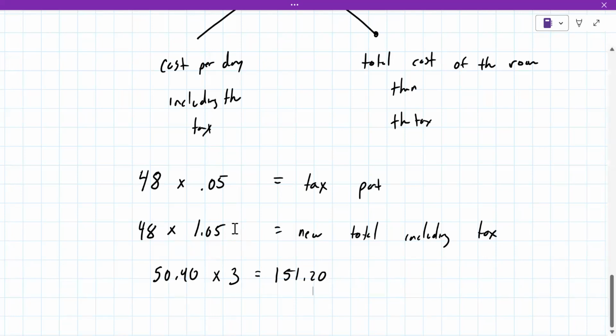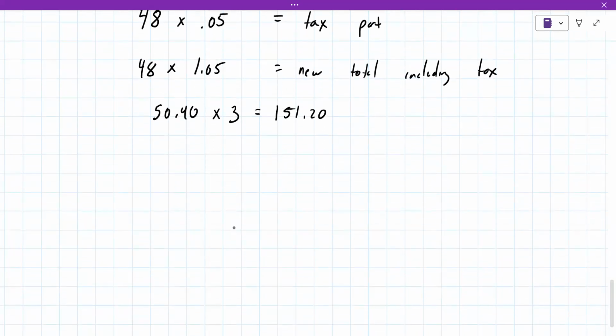Now the second approach is to say, okay, they stay for 3 days. 48 times 3 is 144. And then you multiply by the tax, 1.05.